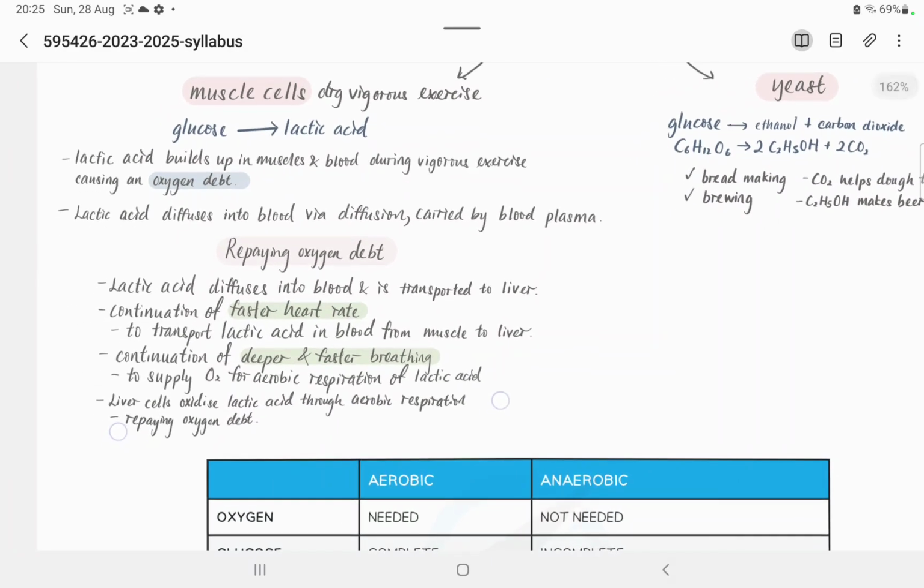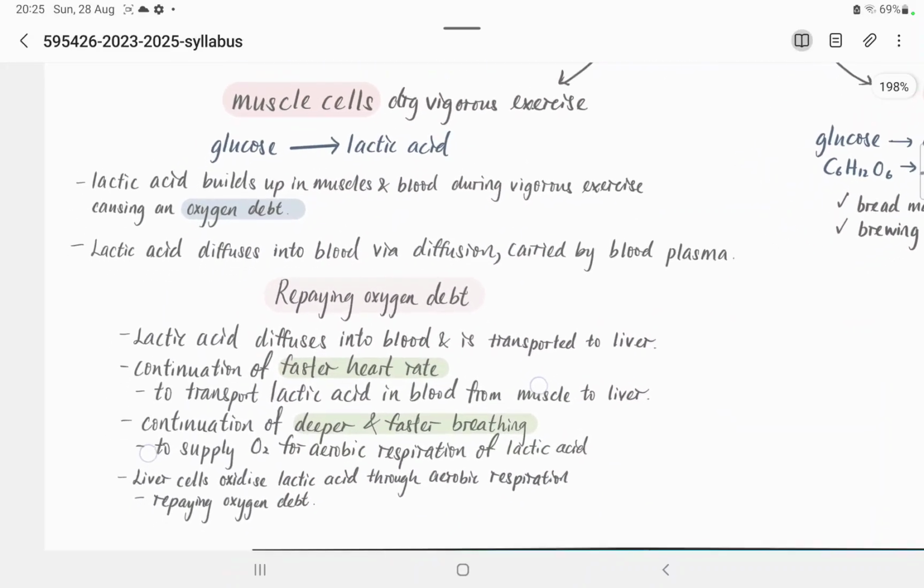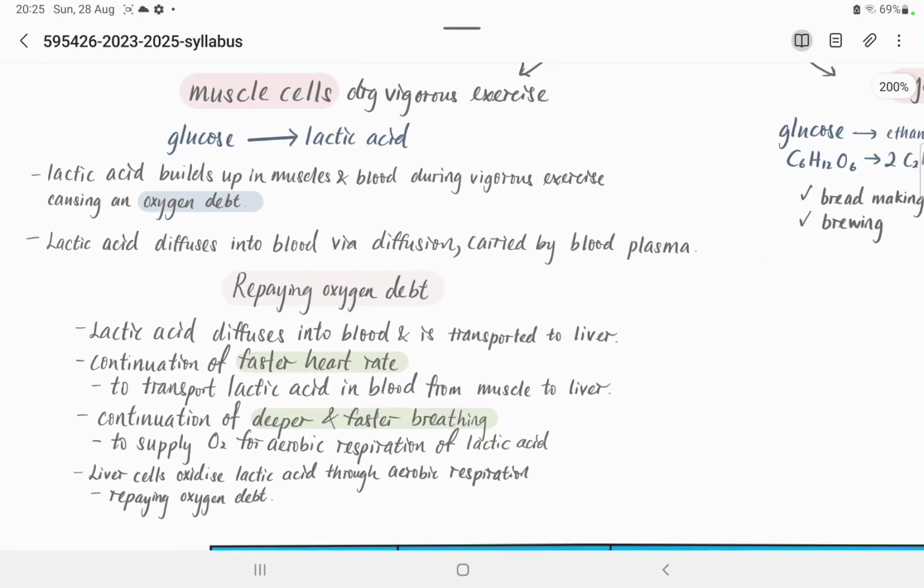So only then they will perform this anaerobic respiration. Okay, for muscles, this one the word equation also you need to know. Glucose straight away to lactic acid. Lactic acid they will build up in muscle cells, and then in blood also during vigorous exercise. And then this will cause oxygen debt.